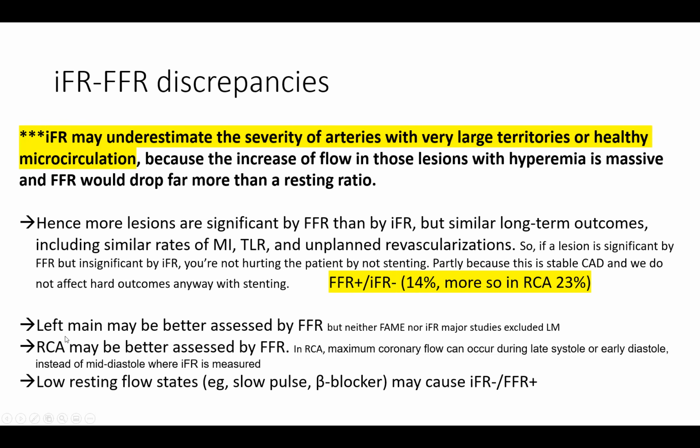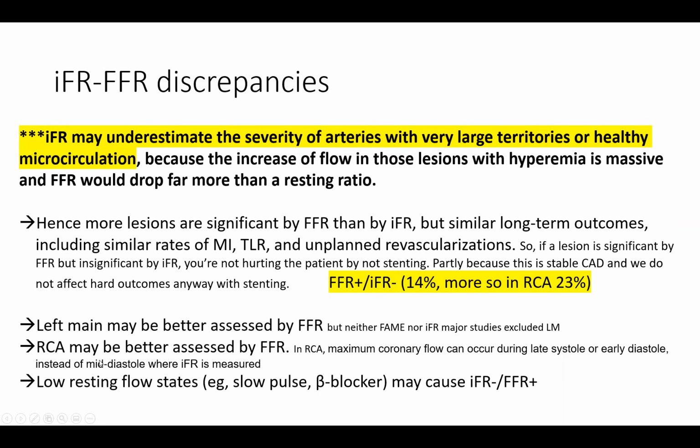Another situation where FFR and iFR could be discrepant is left main disease, and I will elaborate on that later in this talk. But keep in mind that neither FAME nor the iFR major studies excluded left main, and most likely in left main, FFR and iFR are complementary, actually. You can have negative FFR with positive iFR in the left main, so they are complementary.